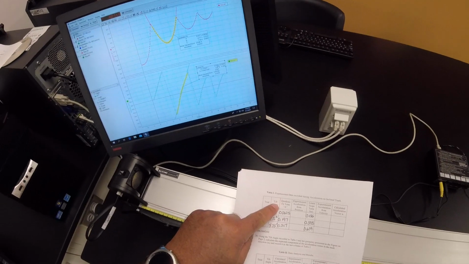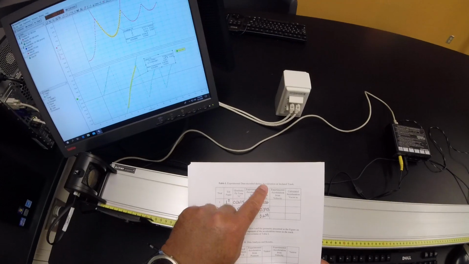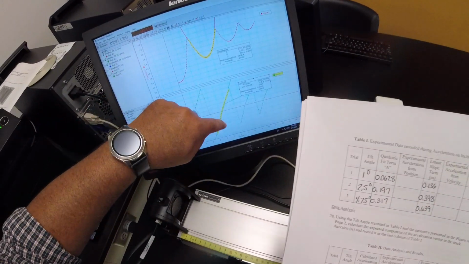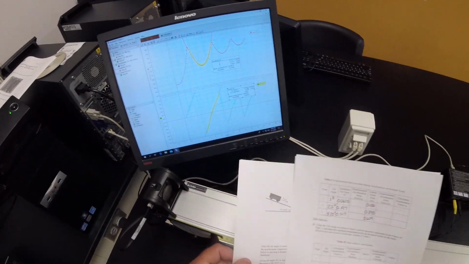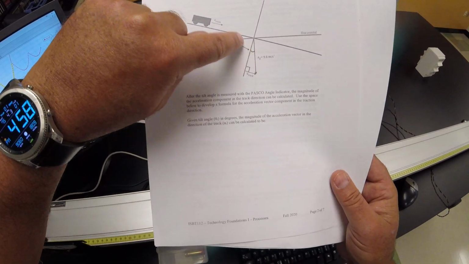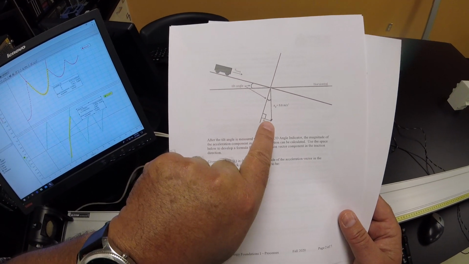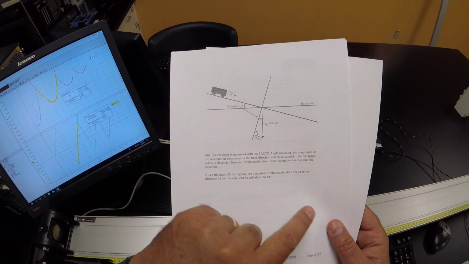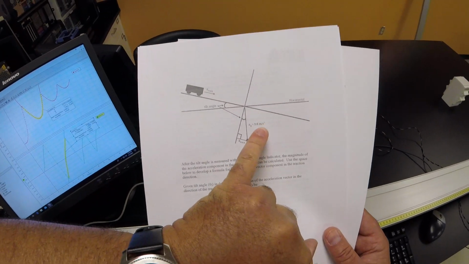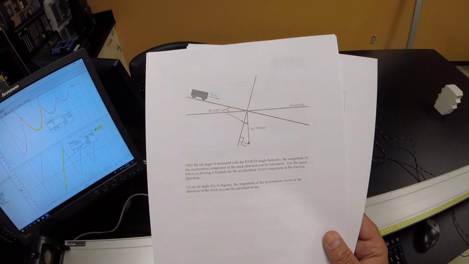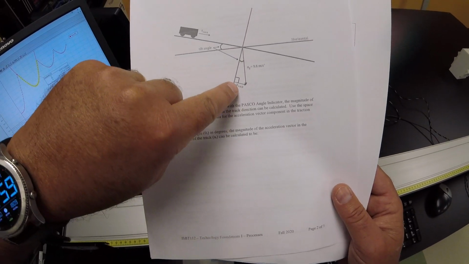We wanted tilt angle, the quadratic fit term A, which is this guy, and the linear slope term M for this guy, and that's all we need in order to do our experiment and find out how well our prediction of this tilt angle here allows us to calculate what the acceleration should be along the direction of the track. Again, along the direction of the floor, or along the direction of the vertical, we know that the acceleration is what we typically have around Philadelphia, 9.8 meters per second squared, but we're looking to see what this component is.